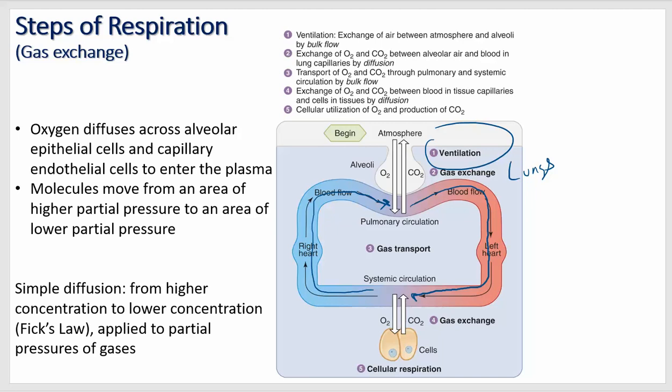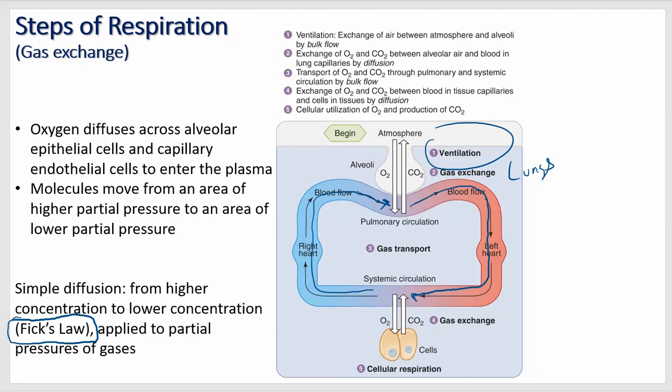Now, one thing to keep in mind, if you remember Fick's law, or if you don't remember, this is Fick's law. In diffusion, particles move from a higher concentration to a lower concentration. So solutes move from a higher concentration to a lower concentration in fluid, or gases. Gases will also move from a higher concentration to a lower concentration, except they're gases, so we measure gases in pressure.